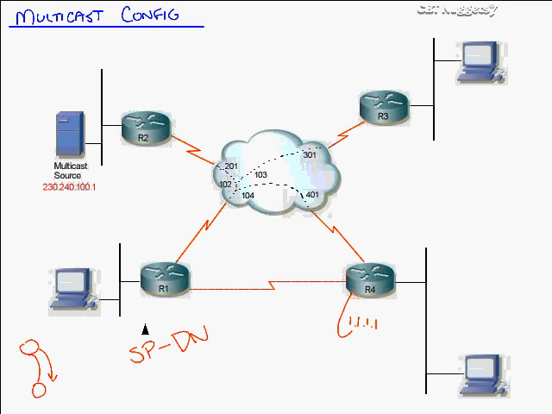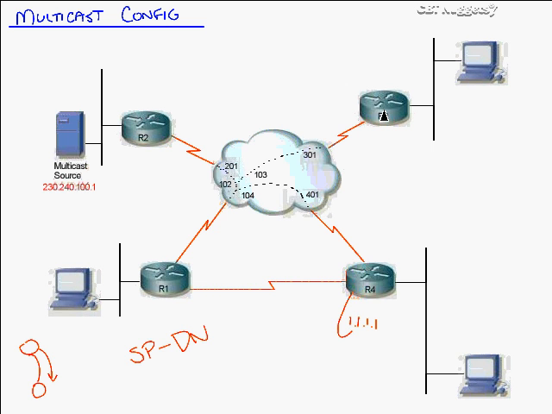The reason that auto rendezvous point needs this mode is because the rendezvous point is going to start announcing itself. Hello world, I am the rendezvous point. Well, if we're in sparse mode, who's listening to that? Nobody. Nobody's listening until somebody explicitly requests it. That's why we need the dense mode features to say, I'm going to send that everywhere, and then people will prune it back as they need to.